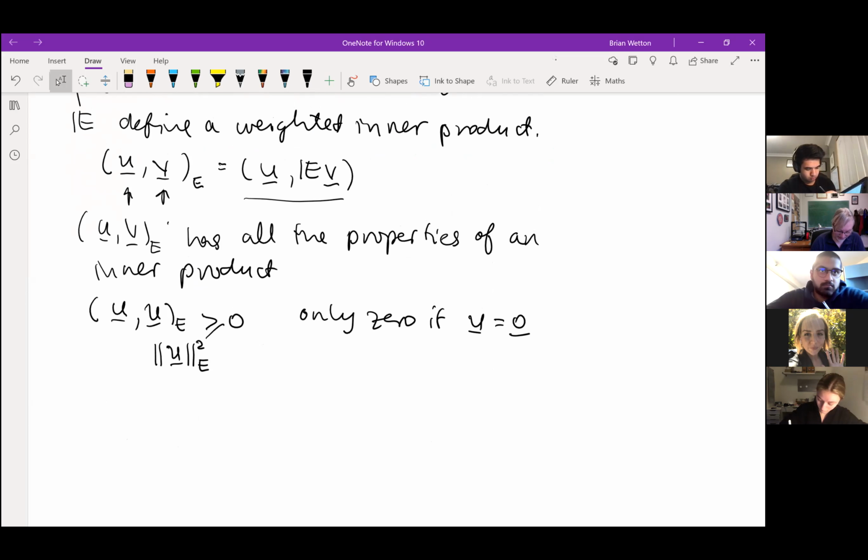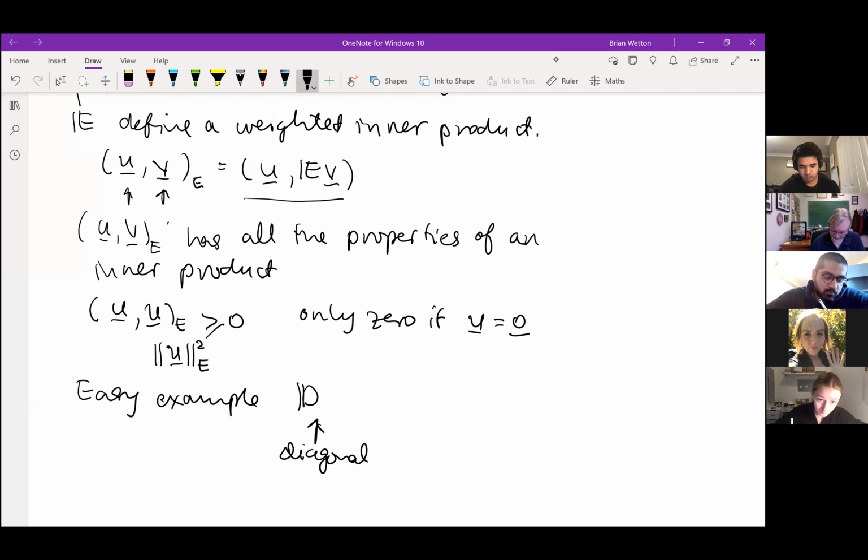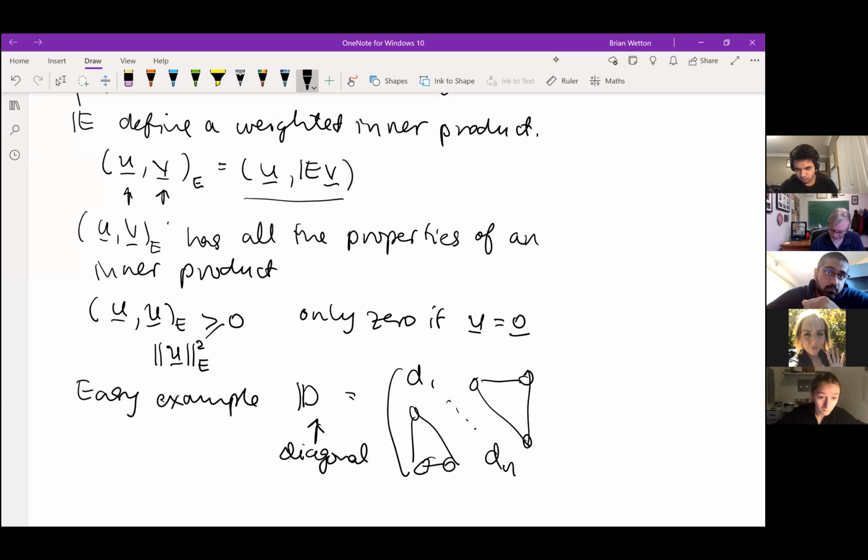As an easy example, if I've got a diagonal matrix with positive entries, so there it is, zeros everywhere except on the diagonal, and these are positive entries.